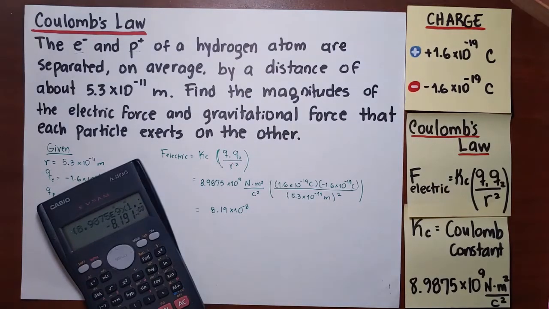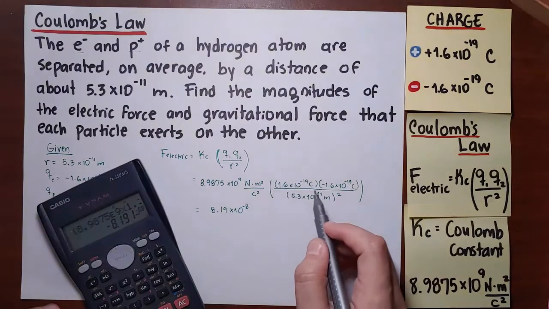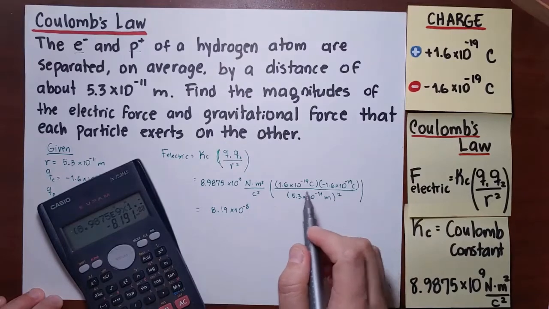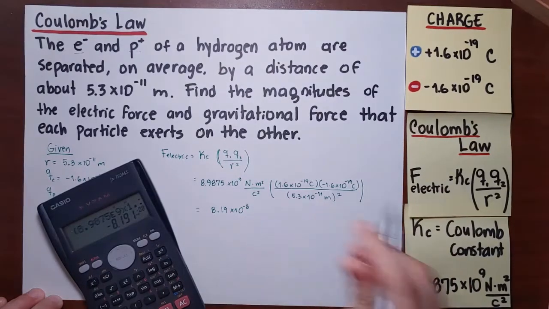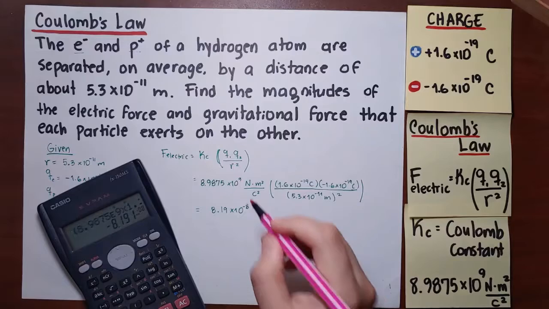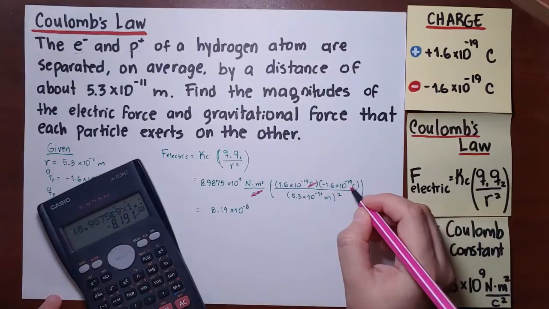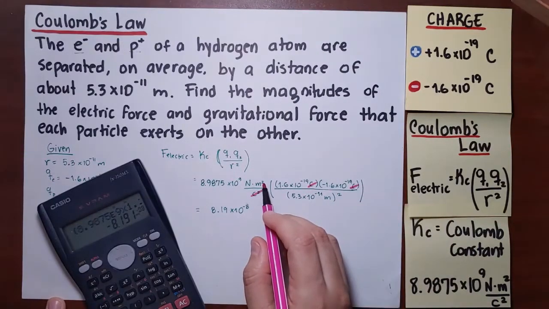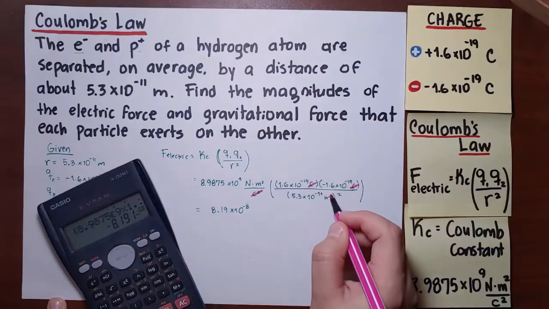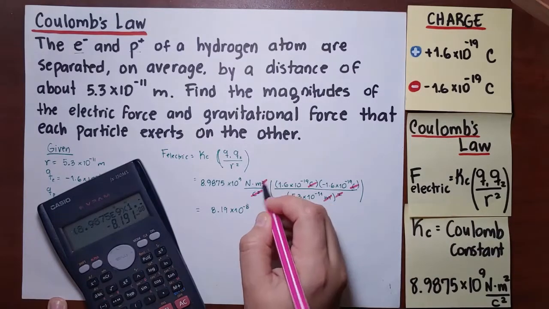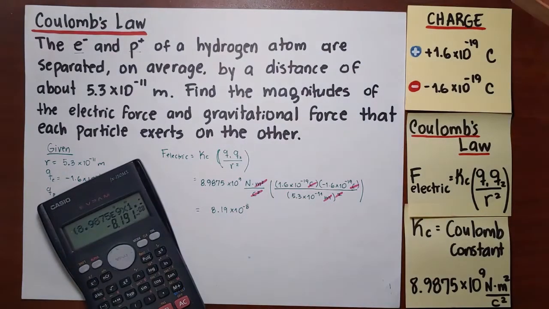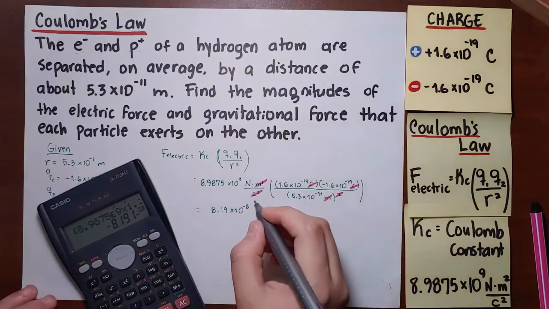So you can leave your answer positive and you will be correct. Now, here, take a look. Coulombs and coulombs will give you coulombs to the second power, so it's going to cancel this. And meters, when you raise it to the second power, is going to give you meters to the second power. You can also cancel them, so your final answer will be given in Newton.